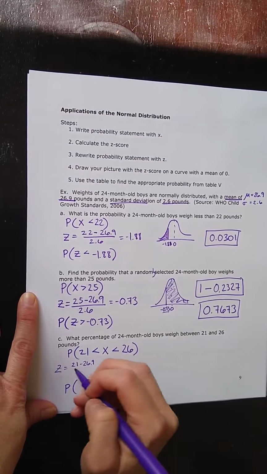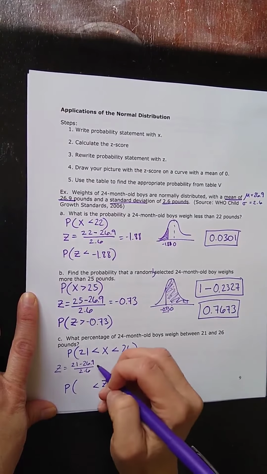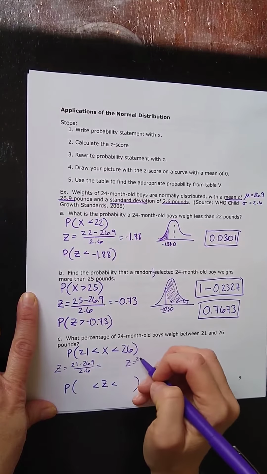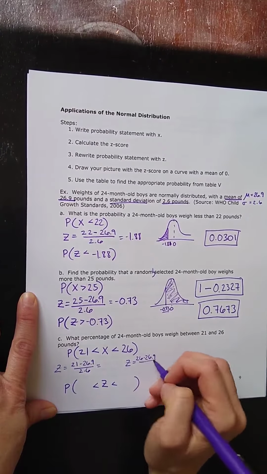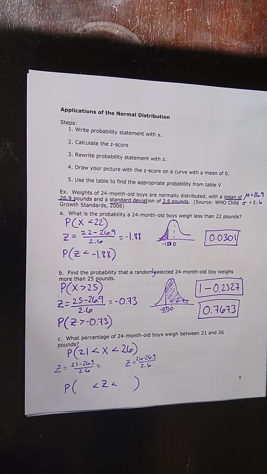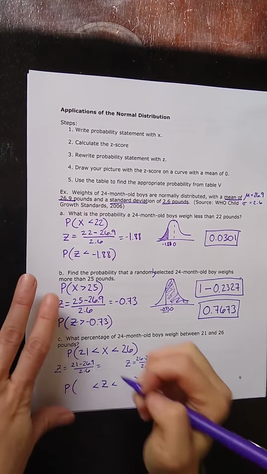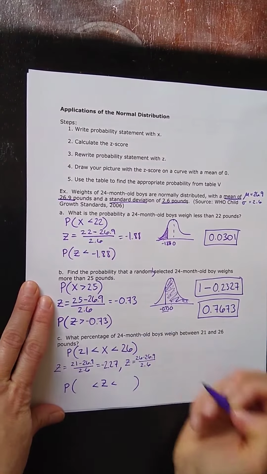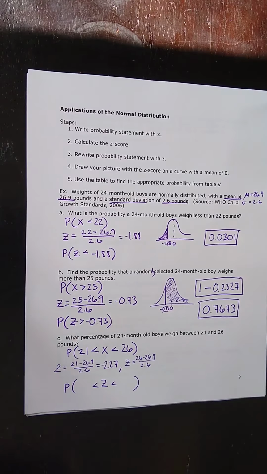21 minus 26.9 over 2.6 and 26 minus 26.9 over 2.6. So negative 2.27 and negative 0.35.